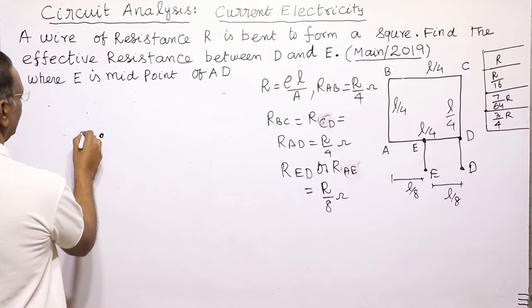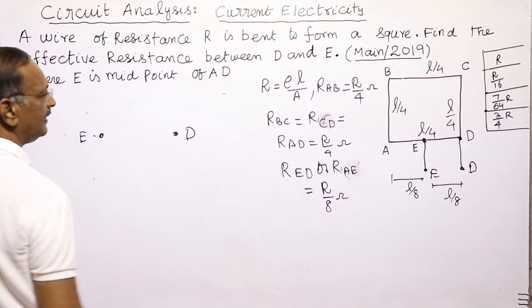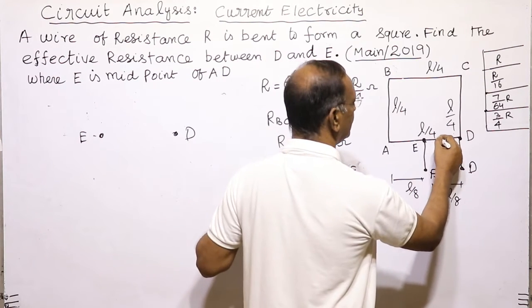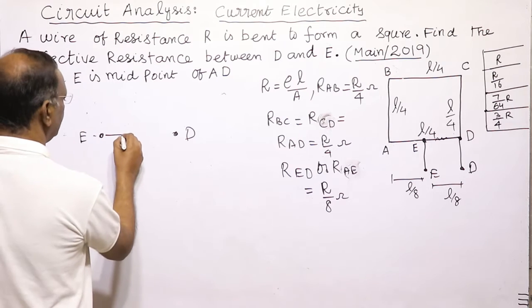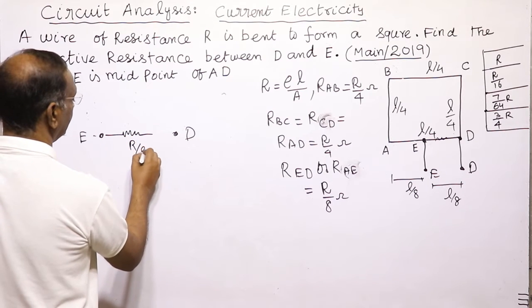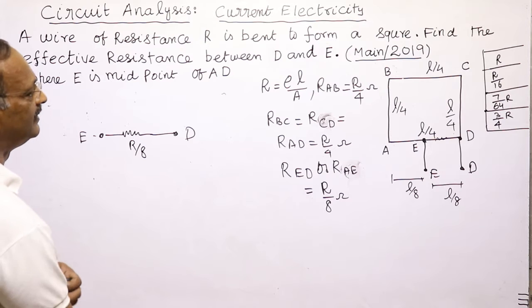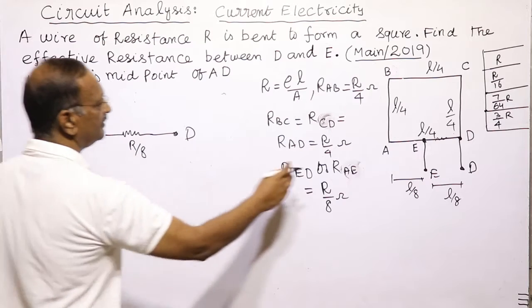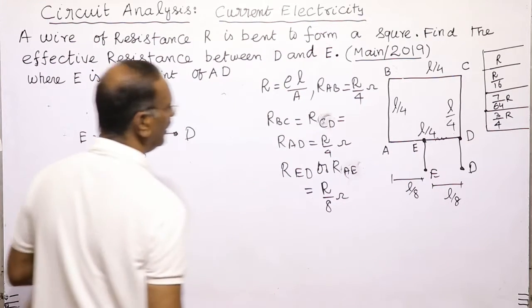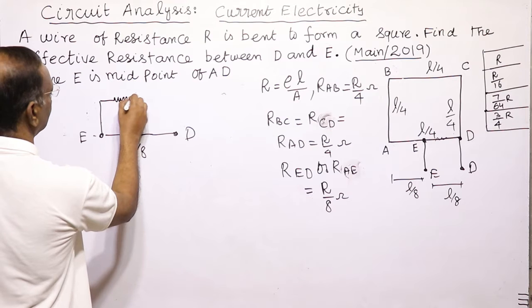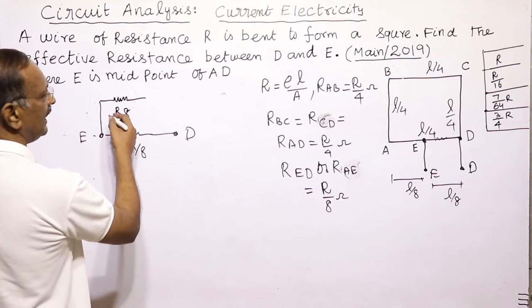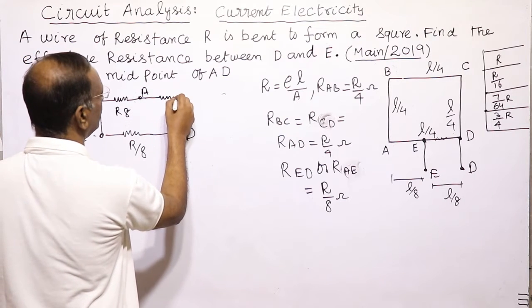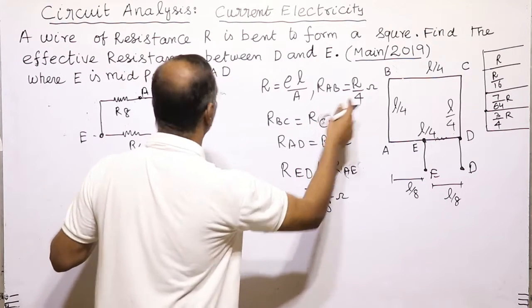We have to find the resistance between E and D. The resistance between E and A is R by 8, and between A and B is R by 4.